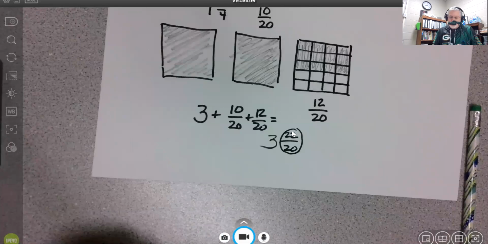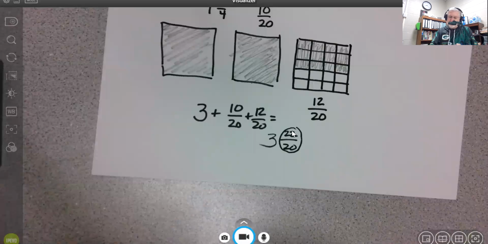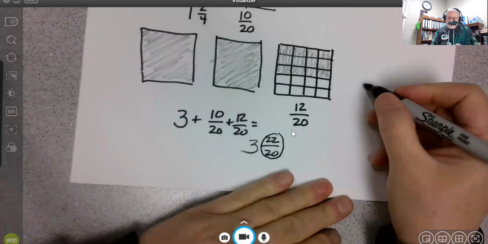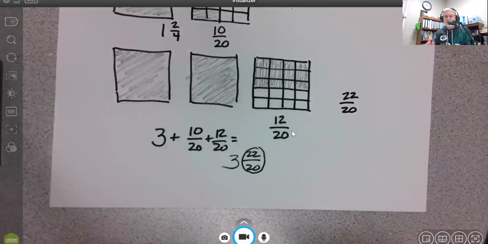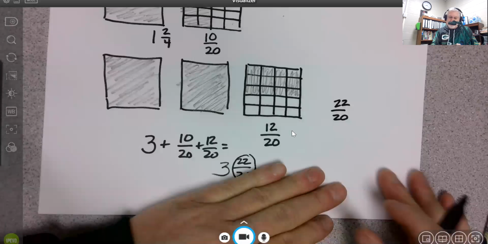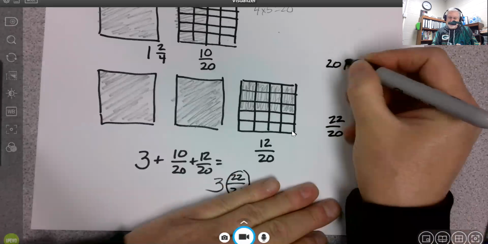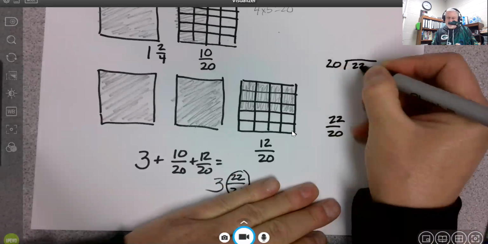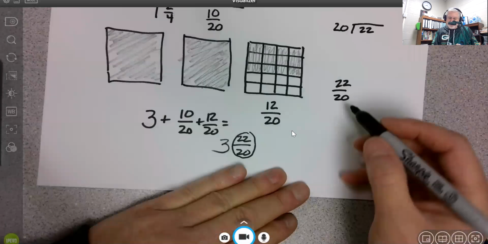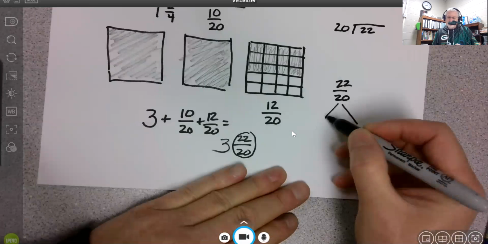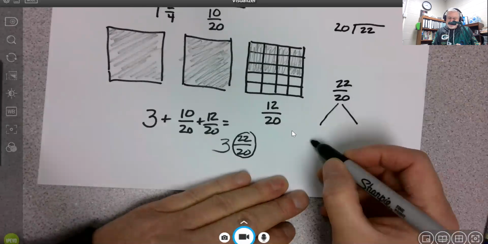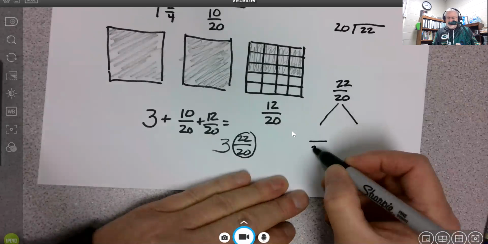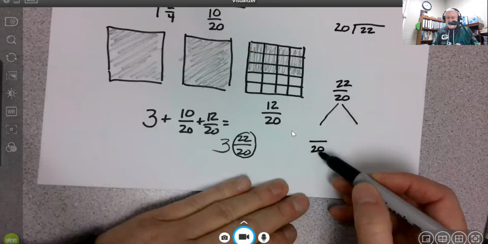So I can do 2 different ways of doing this. All right, I can pull out a whole, or I can divide. I can divide 20 into 22, or I can say, I want to pull out a whole. I want to draw a number bond. And I want to say, all right, what fraction would equal a whole if I have 20 in my denominator?